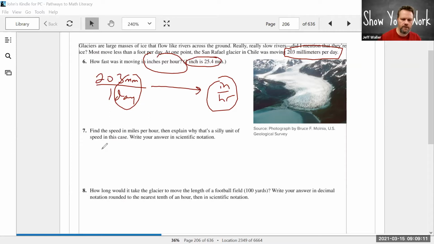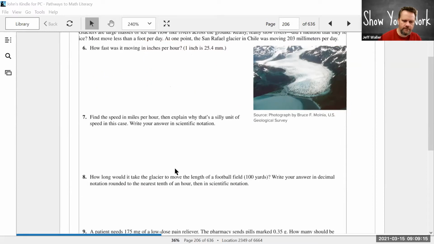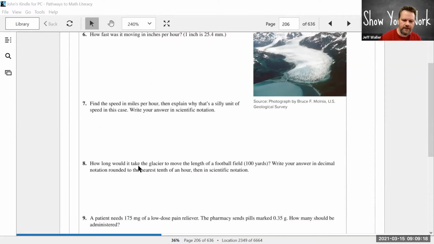Okay. Number 8. Number 8 says, how long would it take the glacier to move the length of a football field? So can somebody tell me, what am I trying to convert from to? From that first sentence, where do I want to end up?